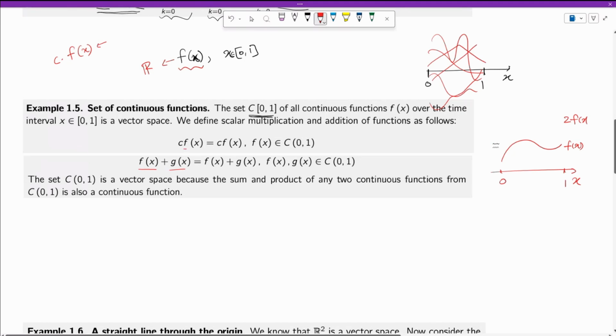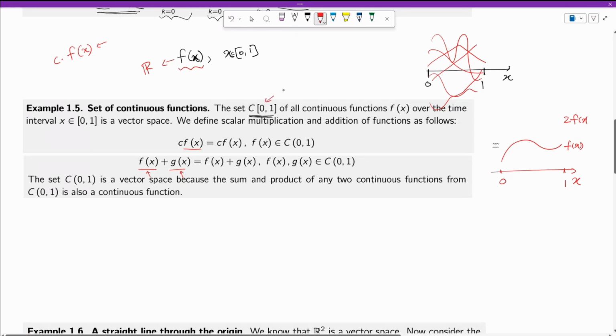Now, if you have a continuous function between 0 and 1 and you multiply it by a scalar, the function will remain continuous. That means c times f(x) is a continuous function between 0 and 1, so it must be in C[0, 1], because C[0, 1] contains all possible continuous functions from 0 to 1. Similarly, if you add two continuous functions, the resulting function will also be continuous, so it must be in the original set C[0, 1].